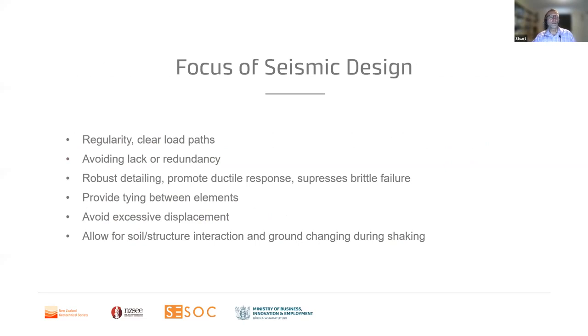So just quickly going through those, it's suggesting that we should be focusing on having regularity in our structures and clear load paths. So I suppose in simple terms, a building that is a cube is going to have less issues than a building which is L-shaped or Z-shaped or something else more complicated in plan. We should be avoiding lack of redundancy. We should be providing robust detailing and promote ductile response and suppressing brittle failures.